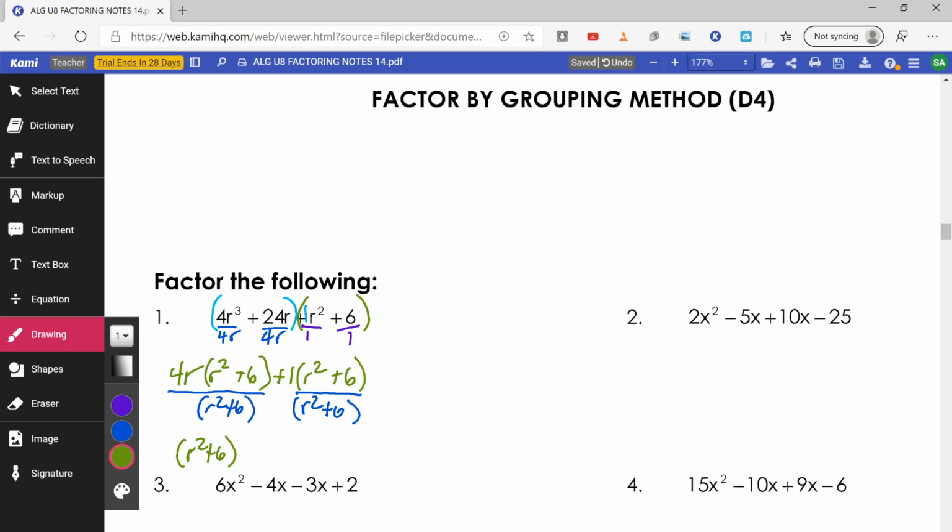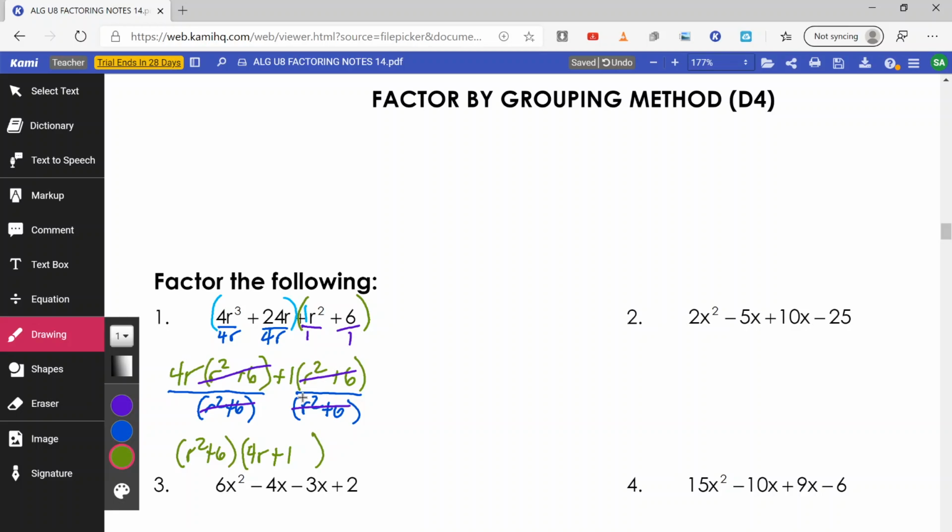And what is left will go in another set of parentheses. After I divide off the r squared plus 6, those will cancel out, and I have a 4r. And we have r squared plus 6 canceling out there, and all we are left with is plus 1. So there's our answer: r squared plus 6 times 4r plus 1.